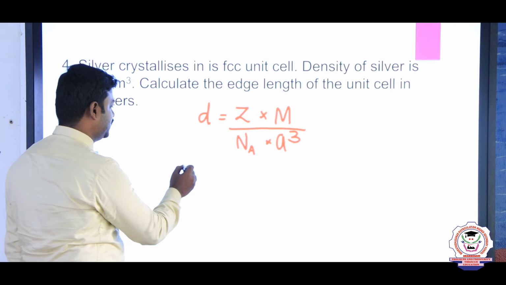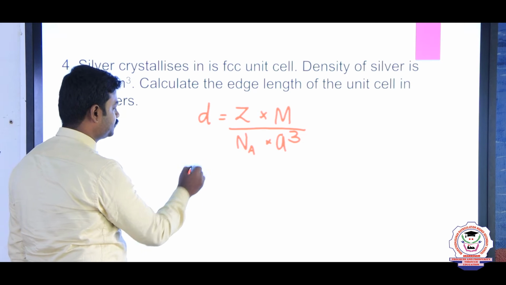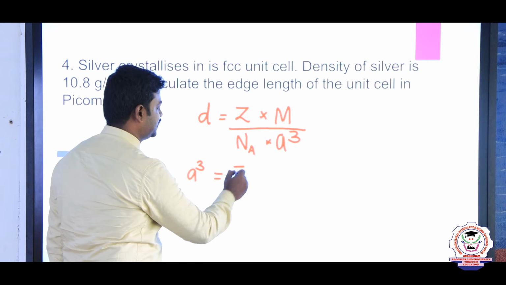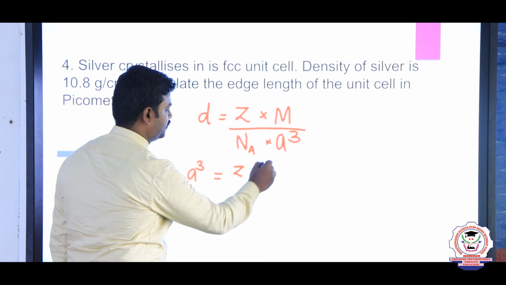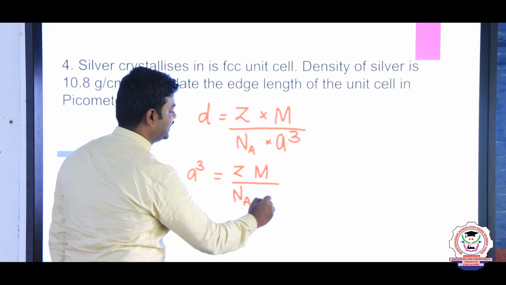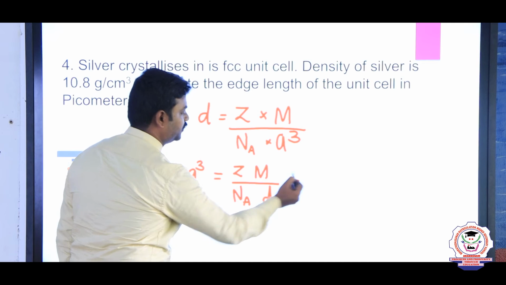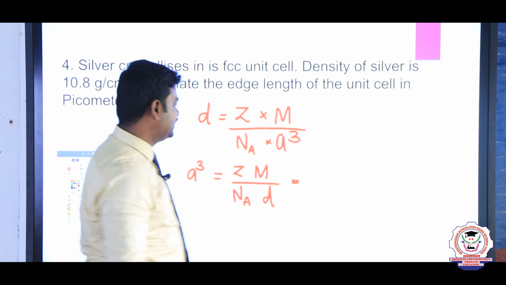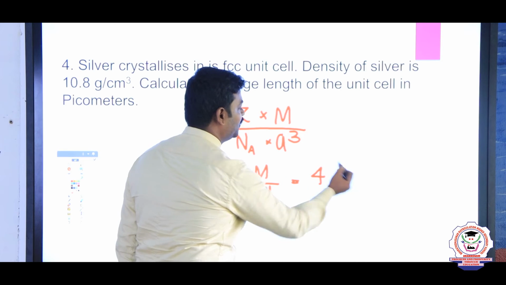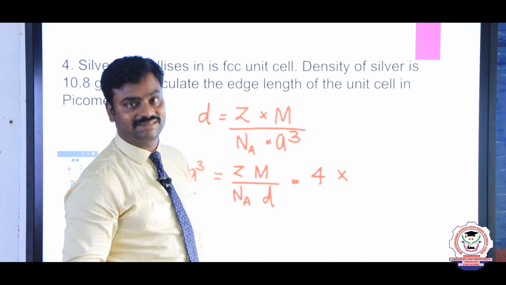A is equal to, that means A cube is equal to Z into M divided by Avogadro number into density. So we are going to substitute the values. The Z value is 4 for FCC into, what about the atomic weight of silver?